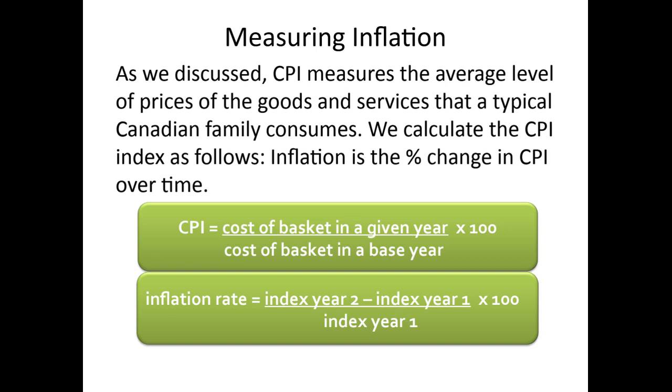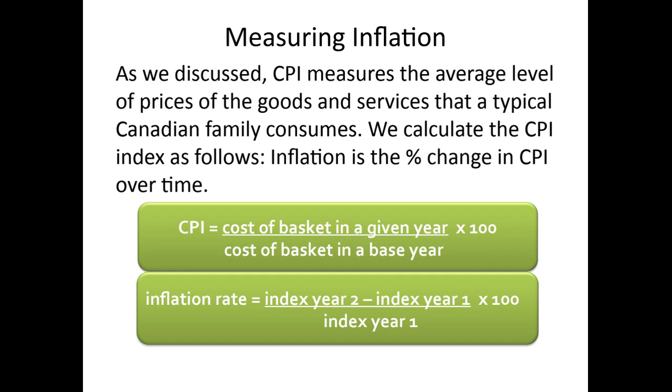Consumer price index measures the average level of prices of the goods and services. And when I write goods and services, I mean consumer goods and services that a typical Canadian family consumes. So we calculate the CPI index as follows. First we calculate consumer price index, and then using this consumer price index we calculate the inflation rate.